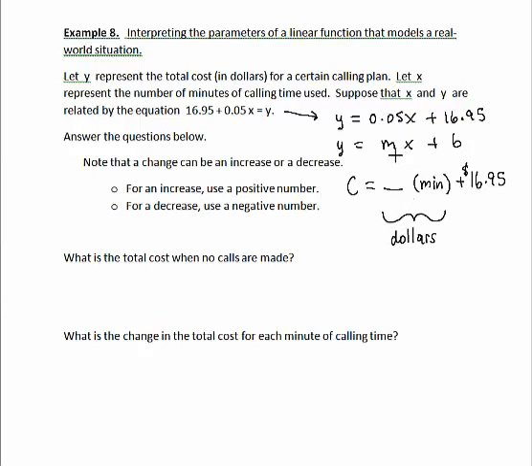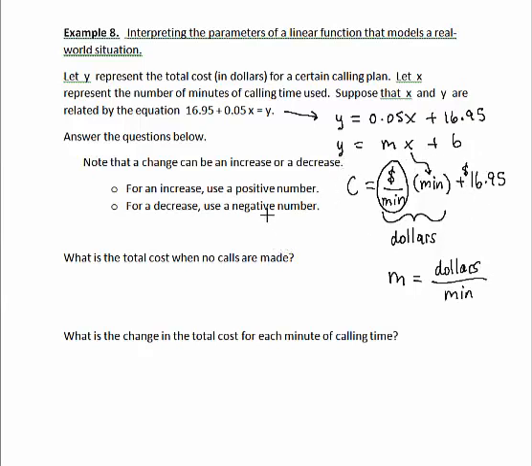The only way to do that is if we have minutes on the bottom of our slope to cancel out the minutes that come from the x on the top. And so if we want to be left with dollars from x times the slope, then we're going to have dollars on the top of our slope. And so this tells us what the arrangement of our slope is. M equals the dollars divided by minutes. That's the only way to get our cost in the correct units, dollars.